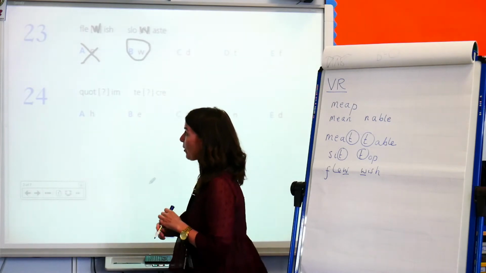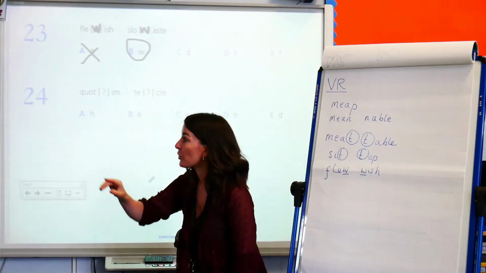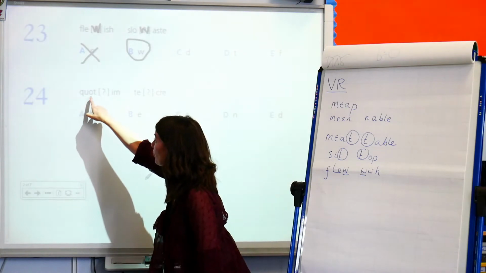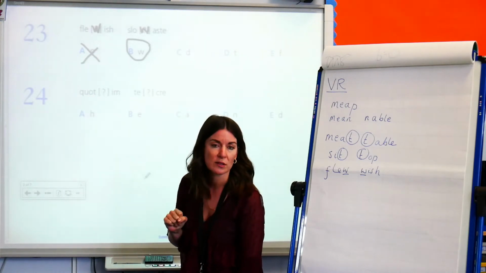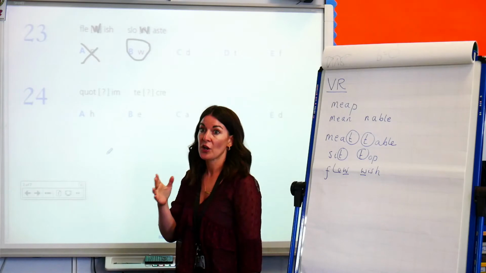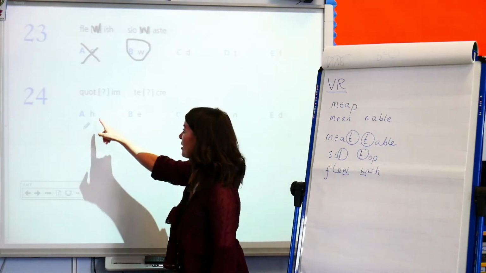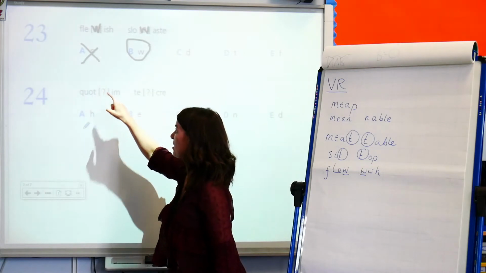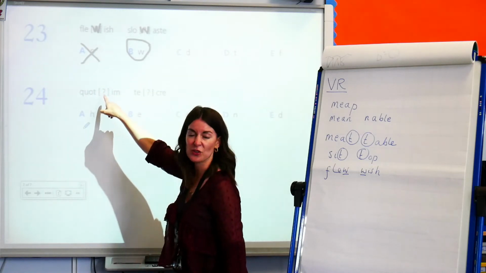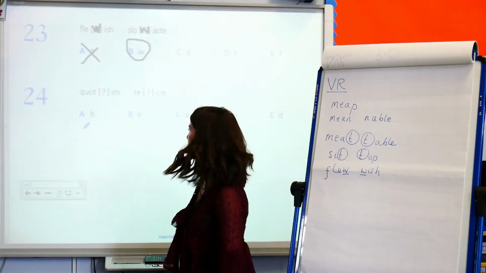Let's look at the next one. Now I love this one because we've got a Q word, Q-U-O-T, kind of quat that looks like. Now I know there's not a massive amount of Q words in the world. So H there, it says him, but an H on the end of that Q word is not going to work.